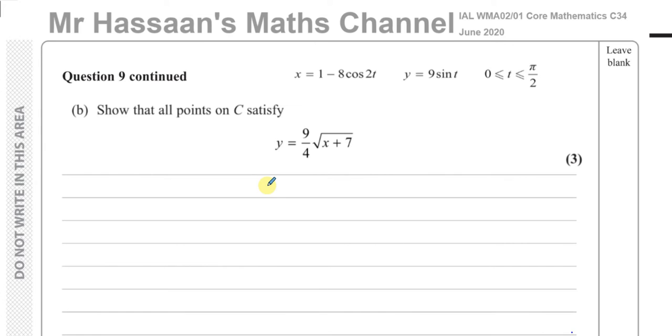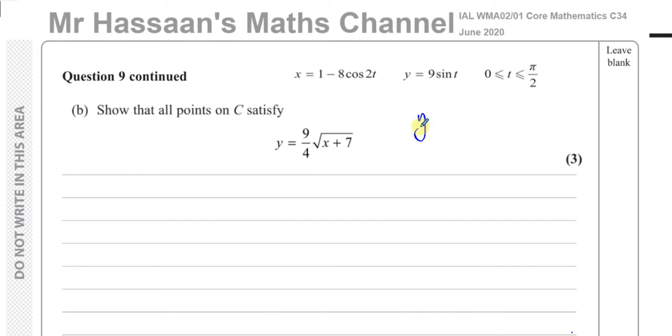Now part B tells us to show that all points on the curve C satisfy this equation. Now this equation is a Cartesian equation, basically. So it's asking us to convert the equation from parametric form to Cartesian form. Now, parametric form is when you have a third parameter. You have x, y, and a third variable, which is, in this case, t.